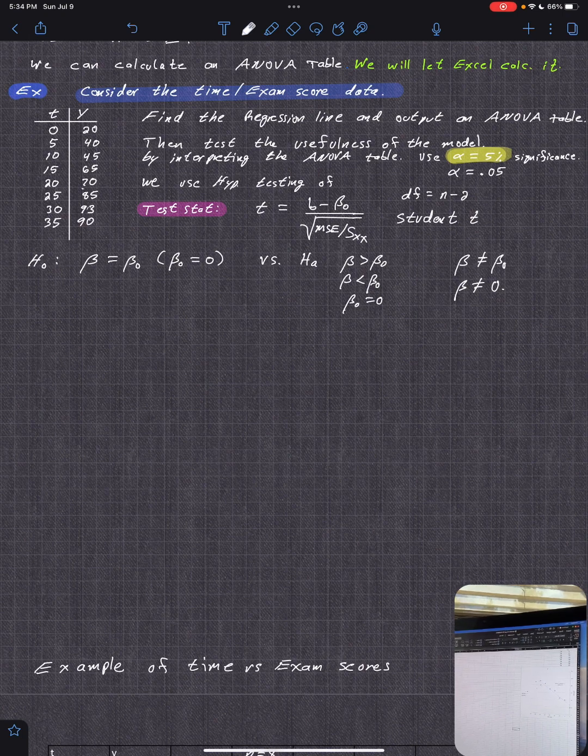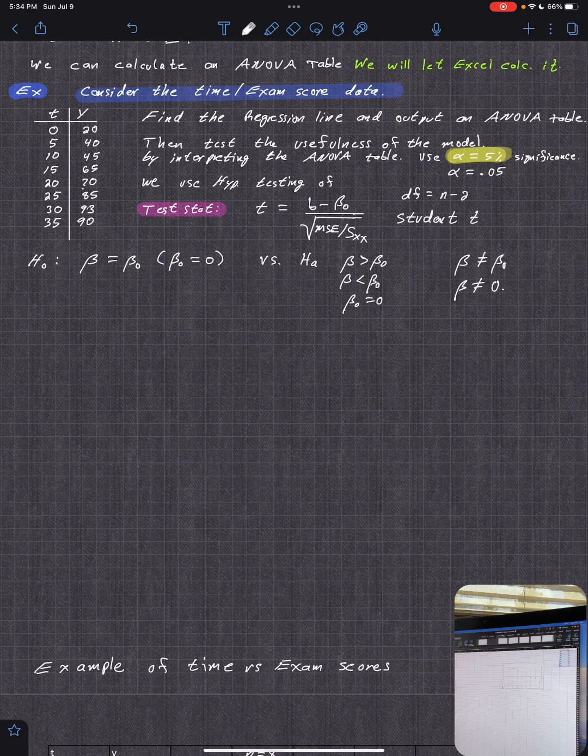So let's pretend this isn't plotted. We're going to copy that and put it in another table over here. Now let's copy that. We're going to insert, look over here for the graphs, choose scatter, and pick the scatter plot like that.